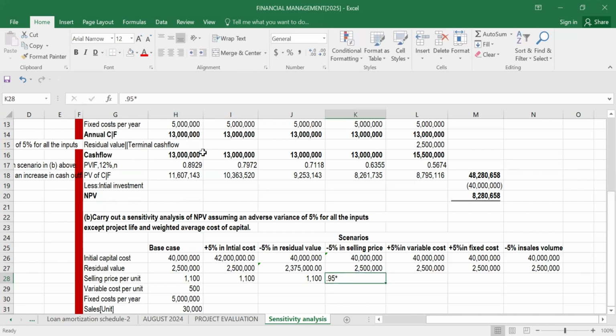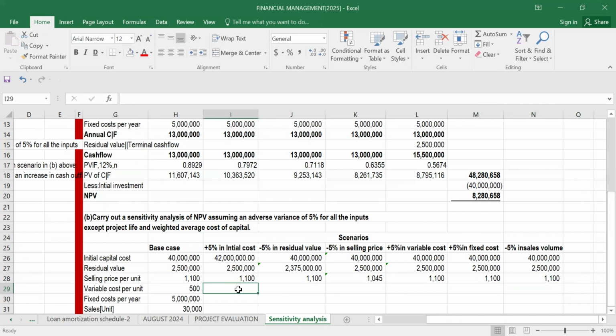So it will reduce with 5%. But equally here it remains the same, 1100, not 110. Okay, so this one should be 1100, like that.